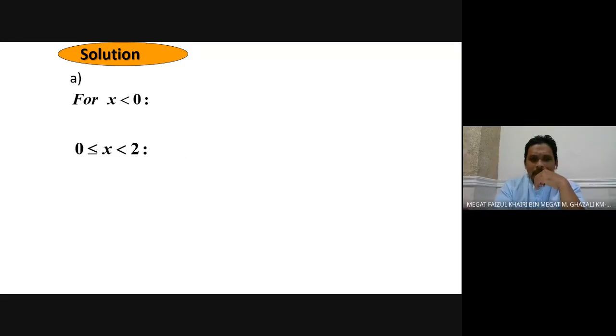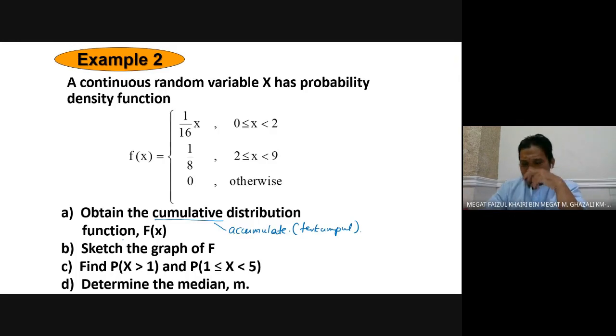Okay, so class, for this case, please refer to the domain of each of these functions. We have from 0 until 2, and then from 2 until 9.